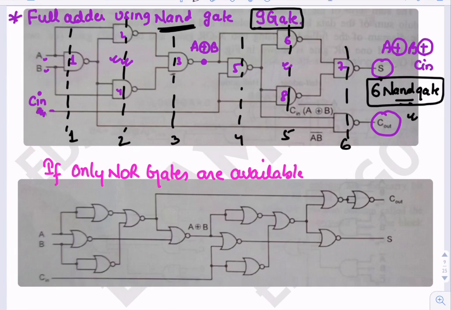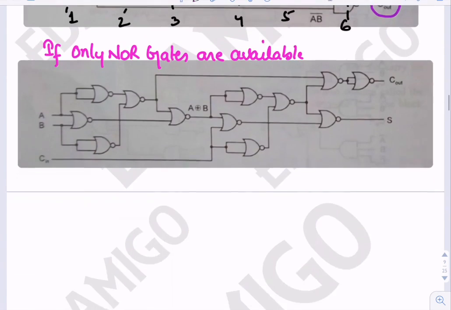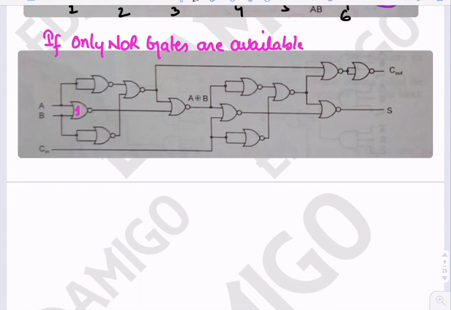We have seen a different design in the previous class. So this is 1 2 3 4 and 5, these are designing one XOR gate. 6 7 8 9 and 10, these are designing the second XOR gate. So one XOR gate and a second XOR gate in series, we will get the sum bit at the output, that is A XOR B XOR Cin.